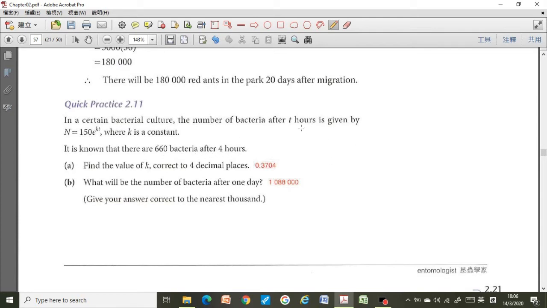So you put t equal to 4, and N will be 660. Sorry, I made a mistake. So 660 is equal to 150 e to the power 4k.